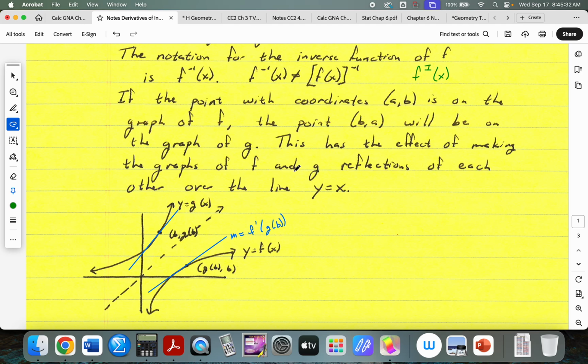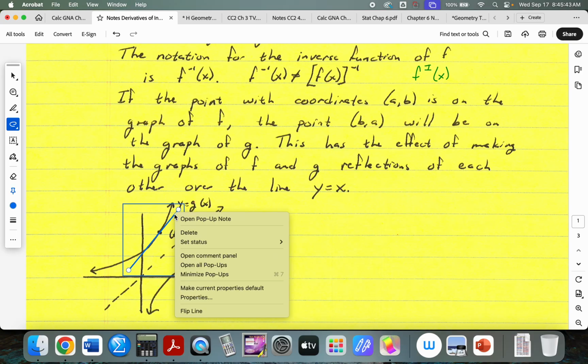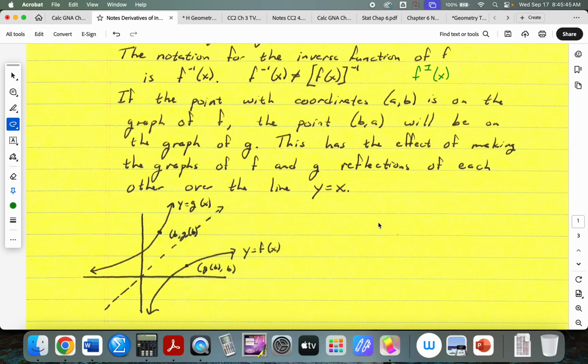All right, so one of the other interesting things about this is that if you have a point on one function with coordinates a, b, then on the graph of the inverse, it'll have the point b, a.